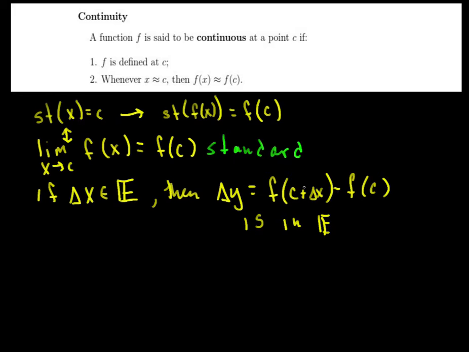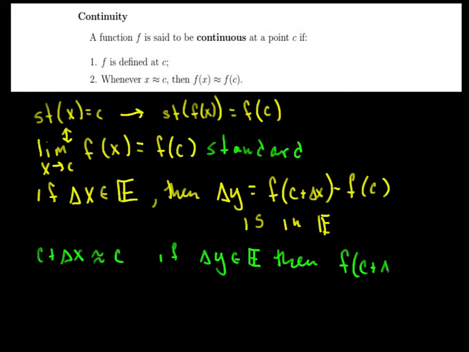Well, if delta x is an infinitesimal, then c plus delta x is infinitesimally close to c, and if delta y is an infinitesimal, then f of c plus delta x minus f of c is an infinitesimal, so we have that f of c plus delta x would be infinitely close to f of c, which is exactly what we have here.